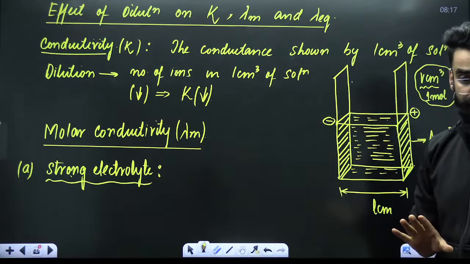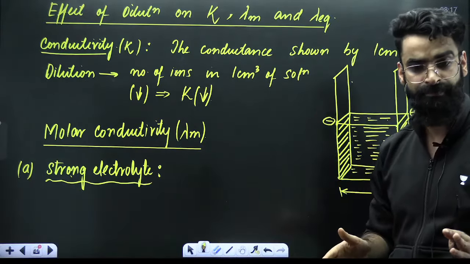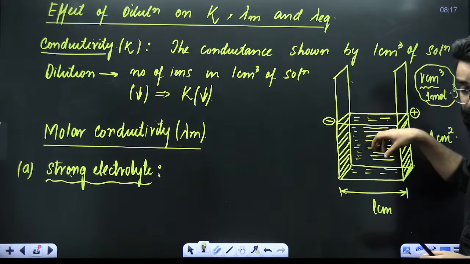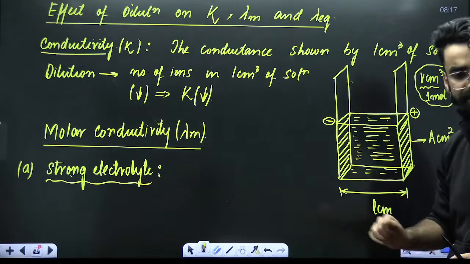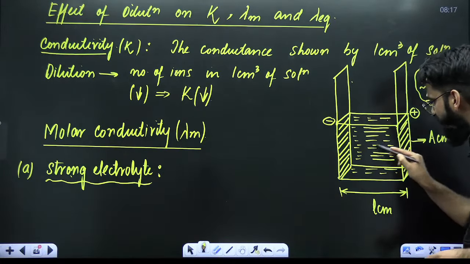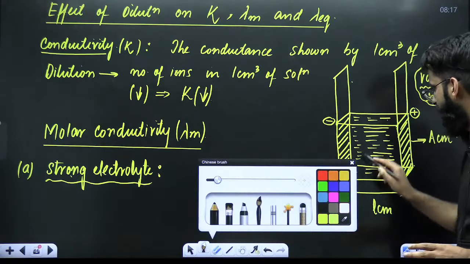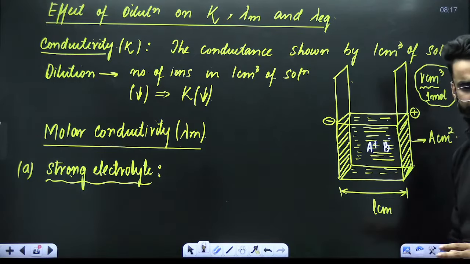Strong electrolyte is the one which gets completely dissociated into its ions. So that 1 mole of electrolyte would have got completely converted into its ions. Now, my dear students, what all types of ions will be there in the container? There will be cations as well as anions in this particular container.